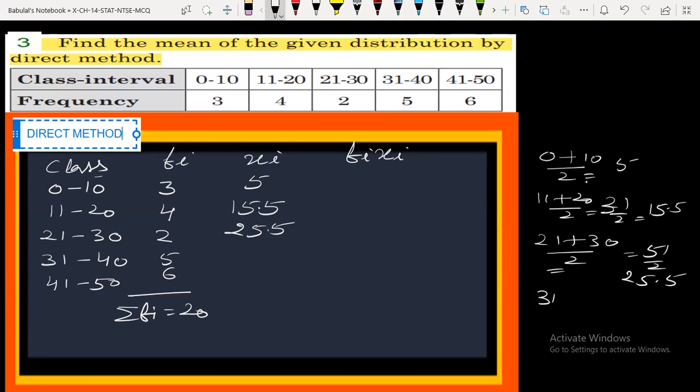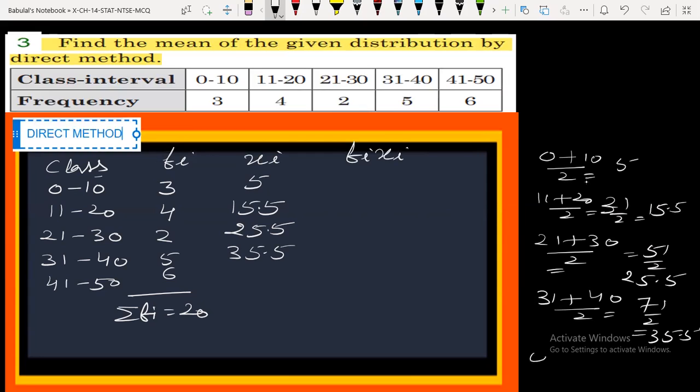And next is 31 plus 40 divided by 2, that is 71 divided by 2, that is 35.5.